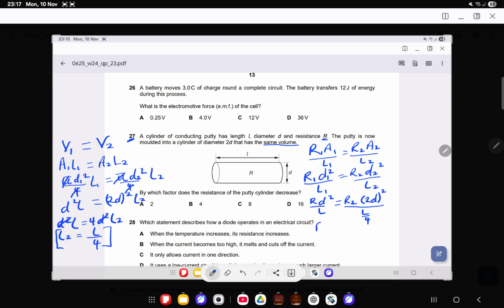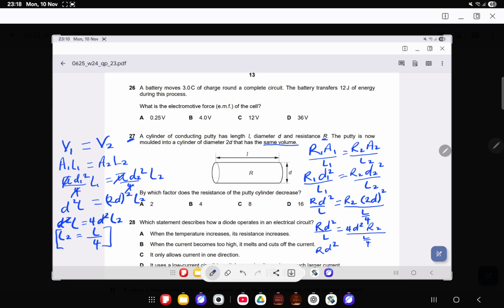So I have R D squared over L, which is equal to, so the 2 becomes squared, so here becomes 4D squared R2 over L over 4. But I can bring the 4 up.